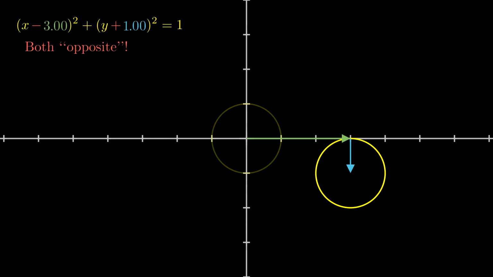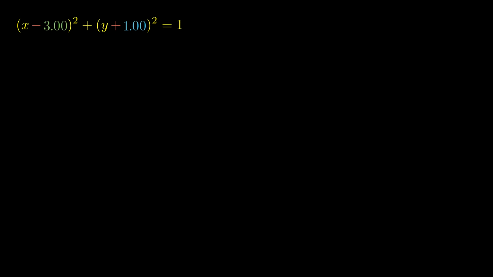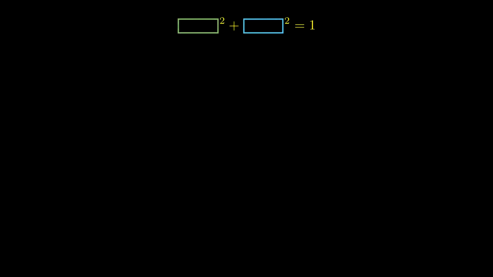And we'll illustrate this by first looking at this circle that has moved 3 across and 1 down. The first thing to notice about this equation is that it's really following the same pattern as the equation of any old circle that hasn't moved at all. Here, we'll blank out what's in the brackets to see what I mean.